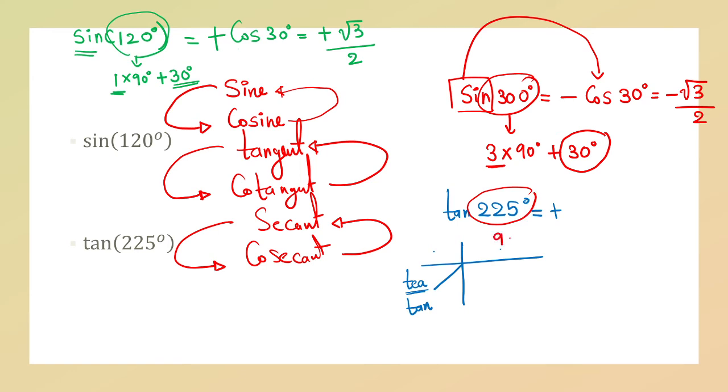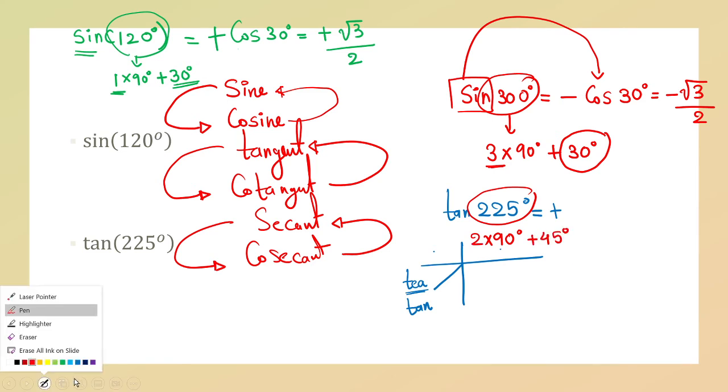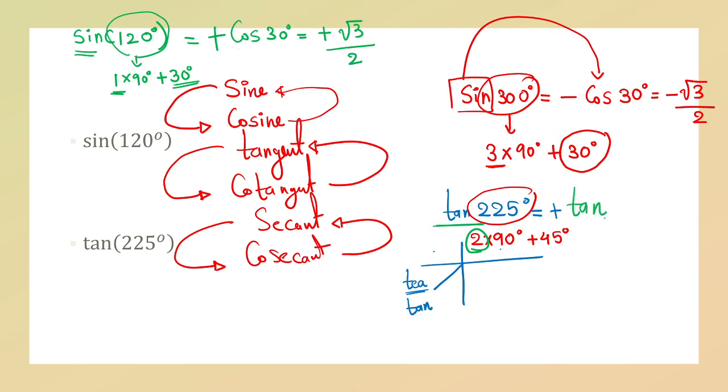It is 2 times 90, that is 180. The remainder is 45 degrees. Now I observe the value of q. The q is an even number, 2 is an even number. So I will write the same trigonometric function again, at the remainder, that is 45 degree. So the answer is plus tan 45 degree. Tan 45 degree is 1. So the answer is plus 1.